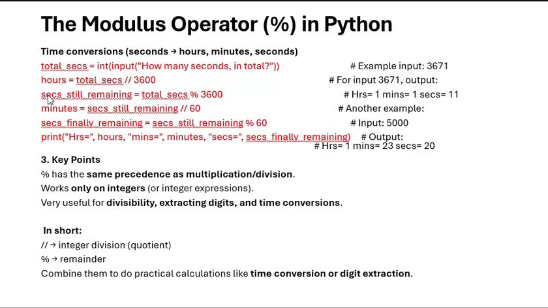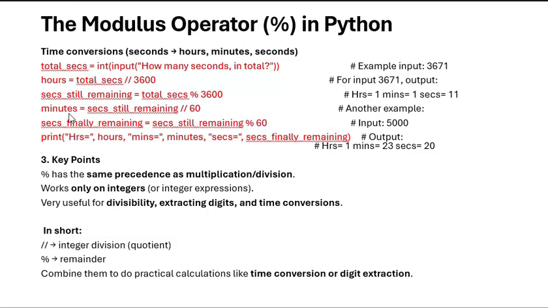The next step is seconds still remaining. After dividing, to find the remaining seconds, total_seconds modulus 3600, you will get the remainder. That is, the leftover seconds after removing the hours.